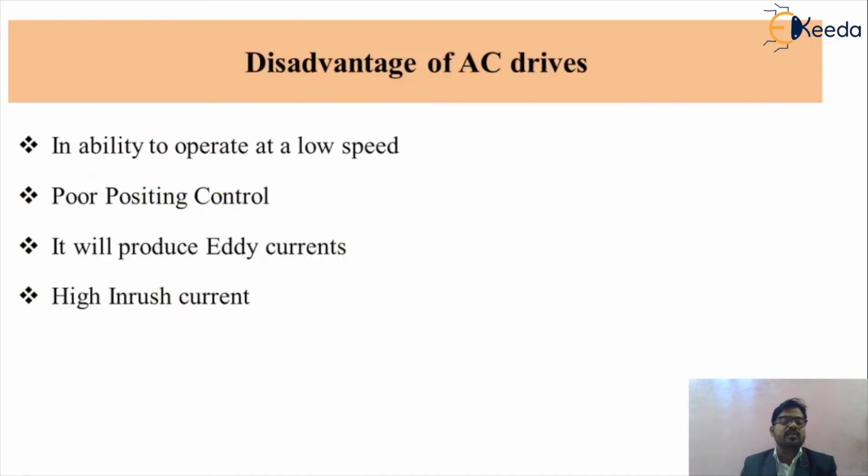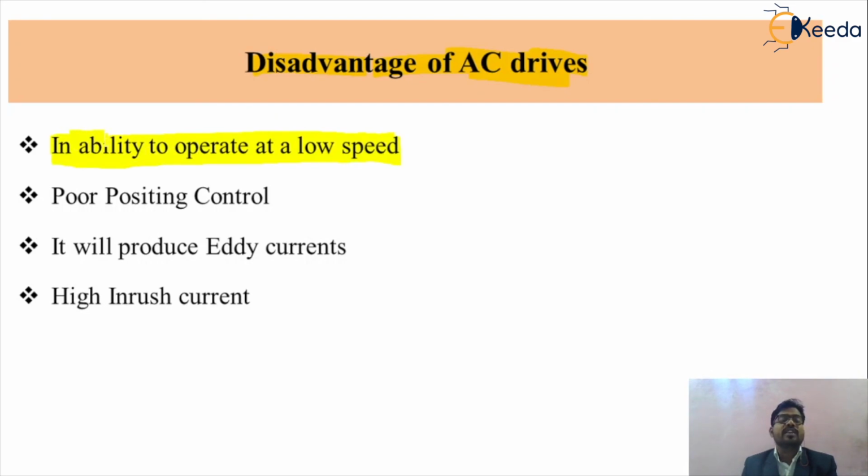So friends, similarly we have some disadvantages of your AC drive. The first disadvantage is the inability to operate at low speed. Basically, in low speed applications, the AC drive is not able to operate.